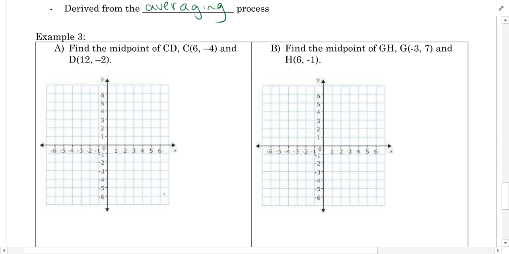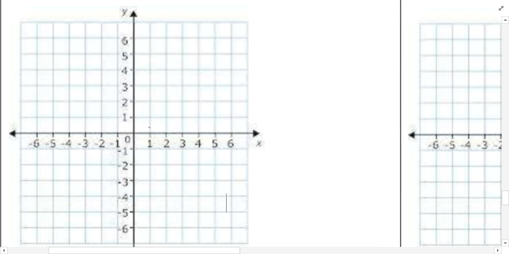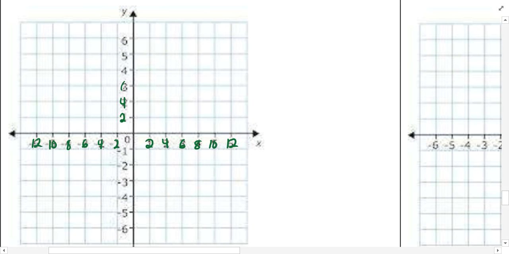So let's get rid of C, and I'm going to adjust my values to 2, 4, 6, 8, 10, 12, -2, -4, -6, -8, -10, -12, and 2, 4, 6, 8, 10, 12, and -2, -4, -6, -8, -10, and -12.